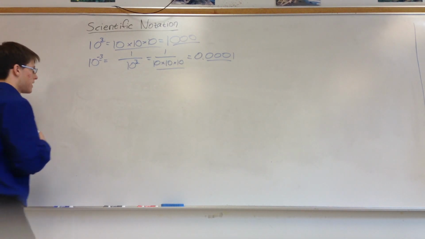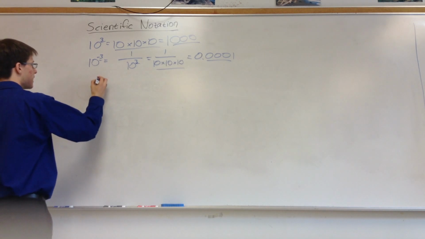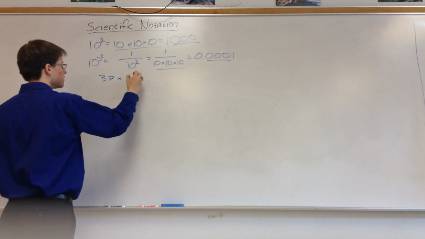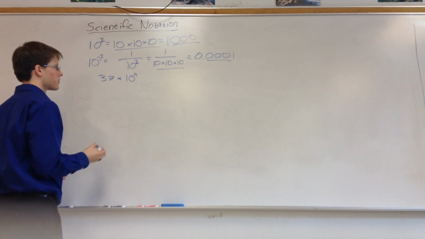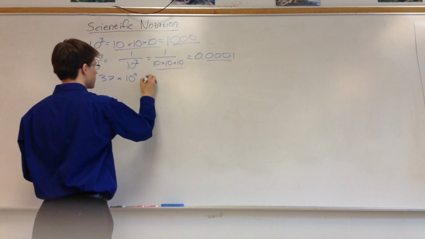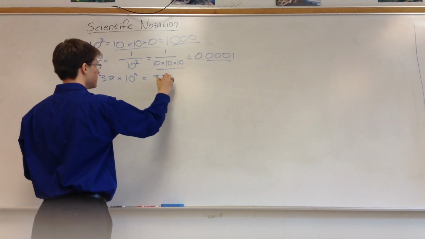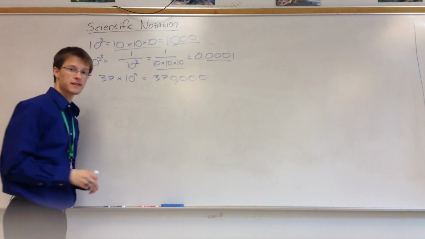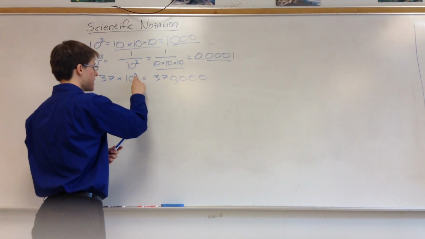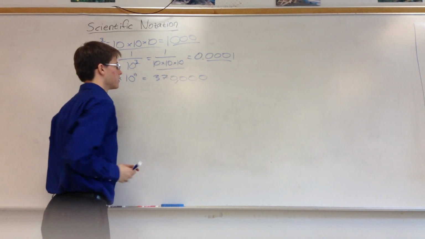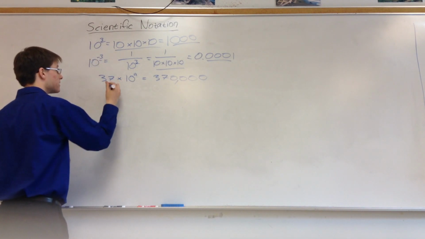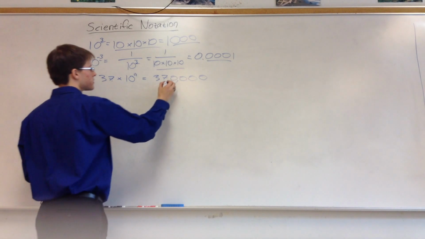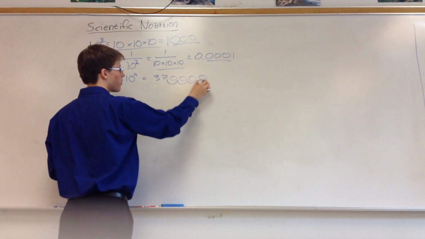Let's say we multiply a power of 10 by a number. Let's say I have 37, and I want to multiply it by 10 to the fourth. Well, 37 times 10 to the fourth is going to be equal to 370,000. The power of 10 to the fourth gives you 4 zeros, and you move the decimal point, which is invisible at the end of the number, to the right 1, 2, 3, 4 times.